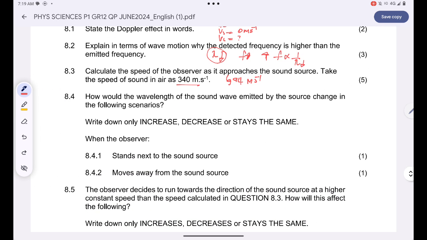Okay, how will the wavelength of the sound wave emitted by the source change in the following scenarios? Write down only increase, decrease, or stay the same.